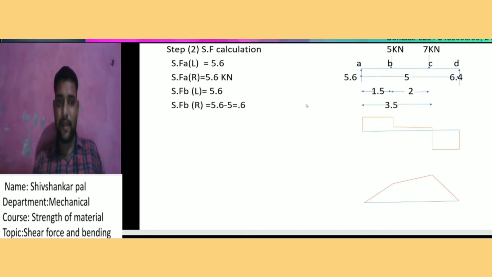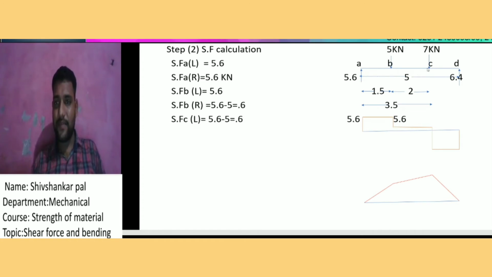Take a minus 5. So the shear force at point B on the right-hand side is equal to 0.6, and going further I also see 0.6 while the two loadings are on our beam.